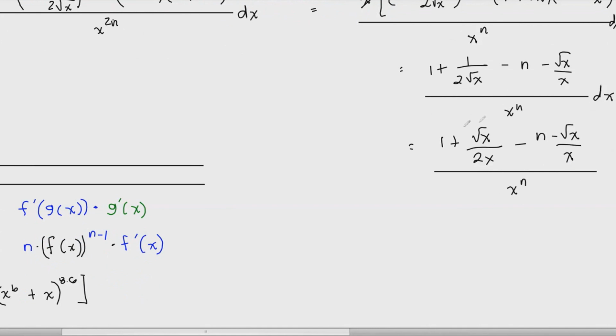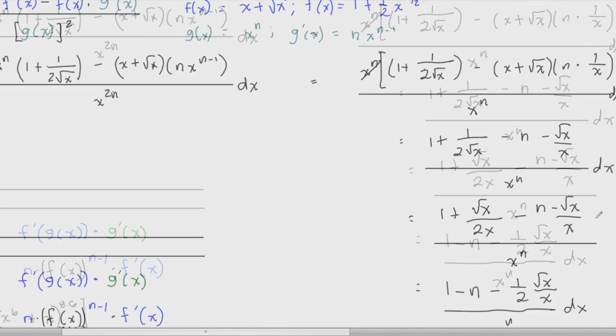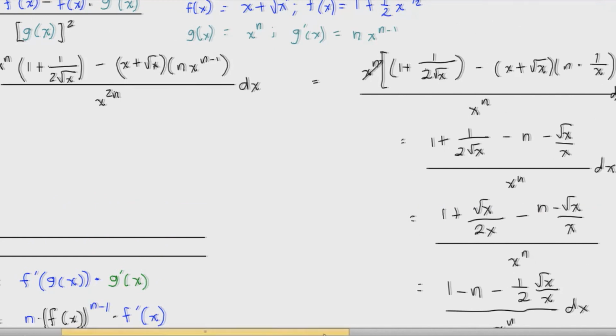So it's like 1/2 minus 1, which gives negative 1/2. So we have 1 minus n minus 1/2 square root of x over x, and then divided by x to the n dx. So this is how you simplify this expression.